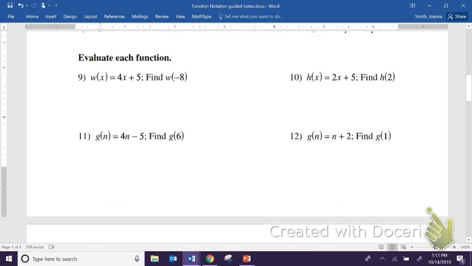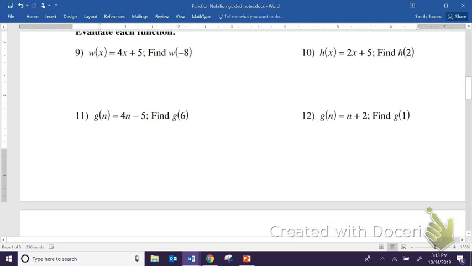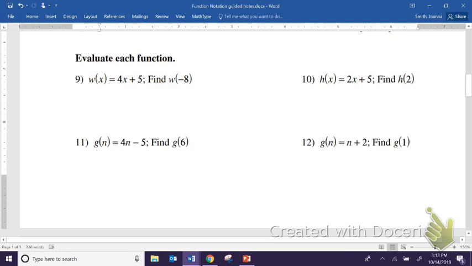After we've learned how to write it, now we can talk about evaluating for a certain value, okay? So look at 9, 10, 11, 12. They give you a value inside the parentheses. Wherever you see the input value on the right side of the equation, that's where you'll put that number.